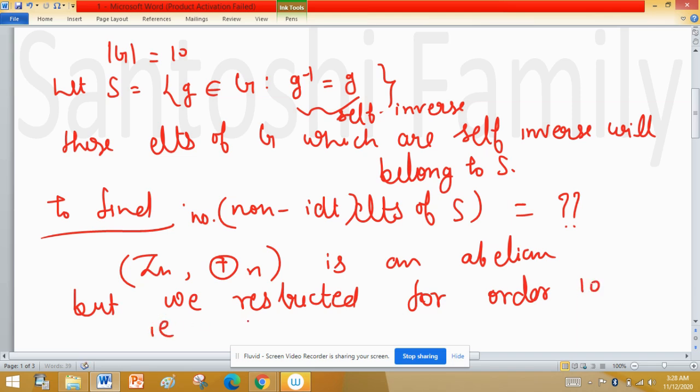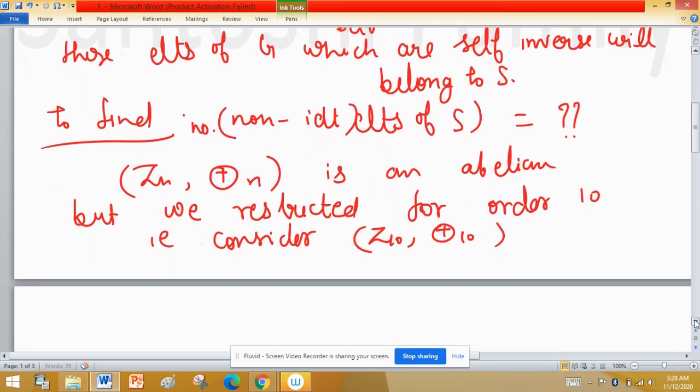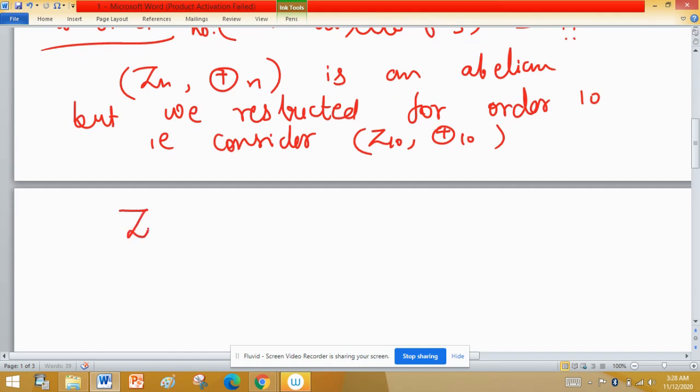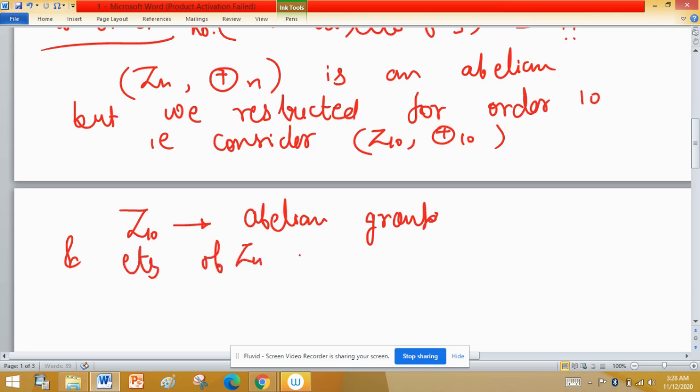That is, consider Z10 over addition modulo 10. This is an abelian group, and elements of Zn are 0, 1, 2 up to 9.